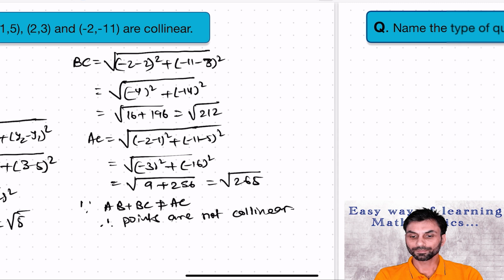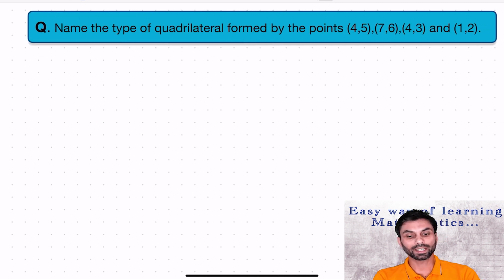The next question is where we have to check what type of quadrilateral it is. We have to name the type of quadrilateral formed by the points (4, 5), (7, 6), (4, 3) and (1, 2).